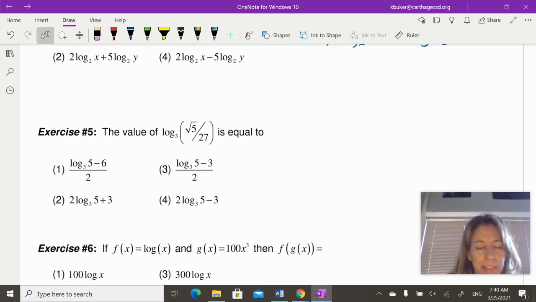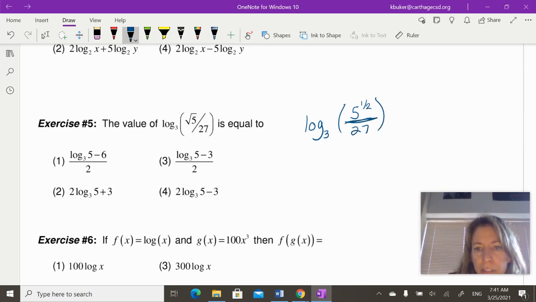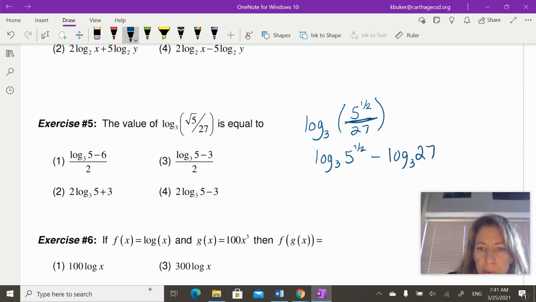All right, exercise 5, same thing. We have a radical. Let's write it as a fractional exponent. So the square root of 5 is the same as 5 to the 1/2. I have division, so I'm going to expand it into subtraction. I'm going to bring my exponents out front.